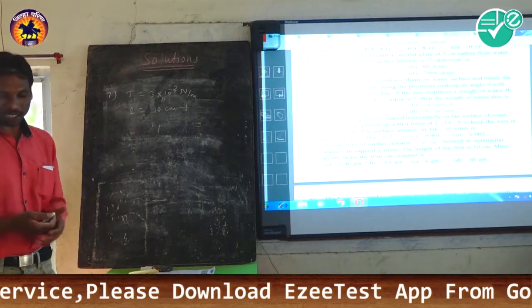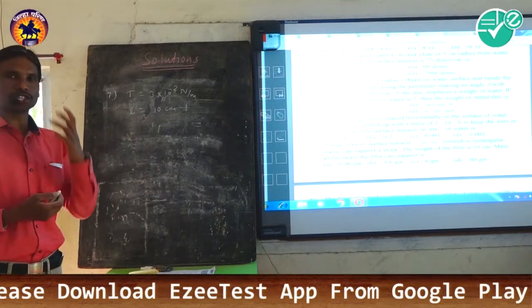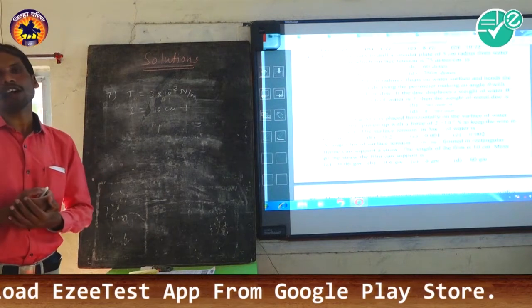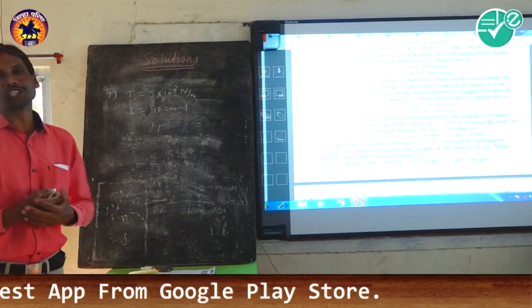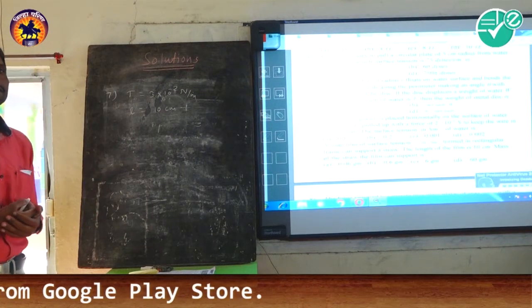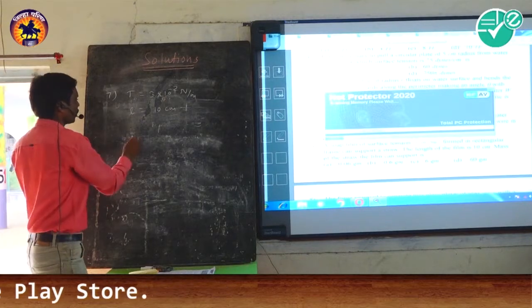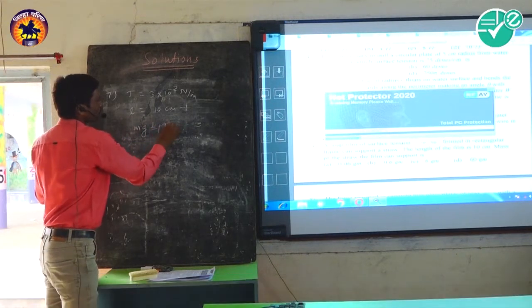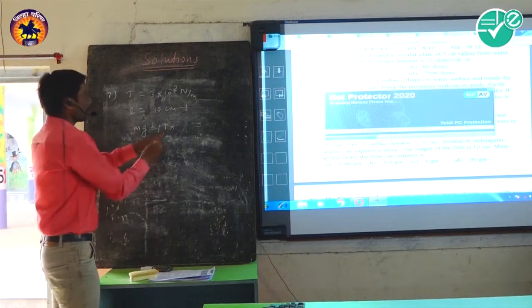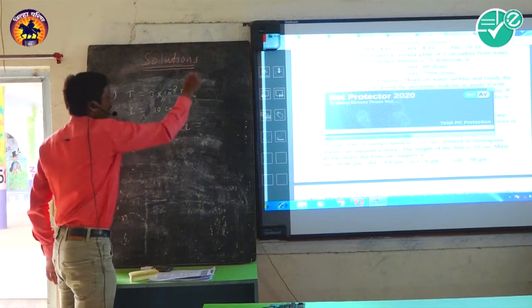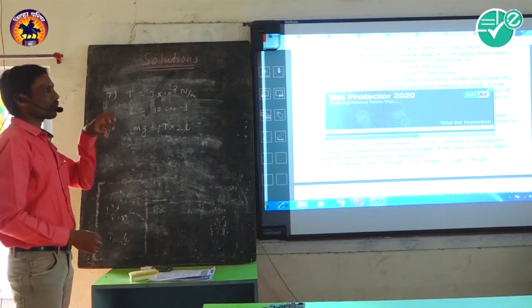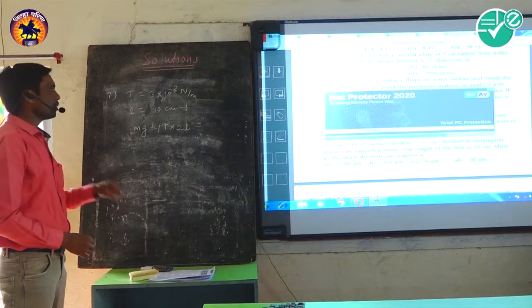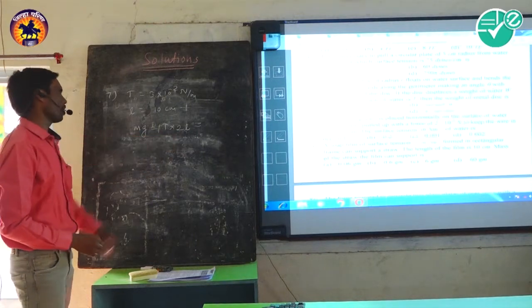It means this film supports the straw. So the weight of the straw is balanced by the force due to surface tension. The weight of the straw, mg, is equal to the force due to surface tension, that is T into 2L, where L is the length in contact with the film, the length of the straw.